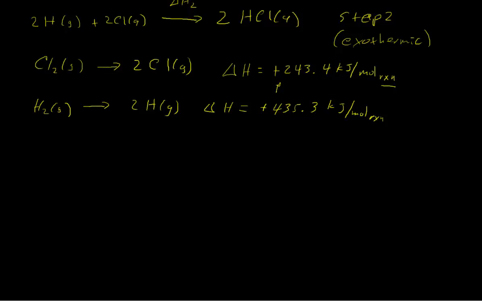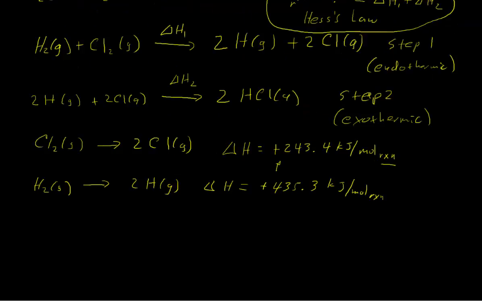Okay, so if we add these two numbers together, we should get the enthalpy change for what I was calling step 1, right? Because step 1 involves hydrogen breaking up into 2 hydrogen atoms and chlorine breaking up into 2 chlorine atoms. So if we do both of these steps together, we should get the overall step 1. So this is how much energy you would have to put in to break all the bonds in those molecules.